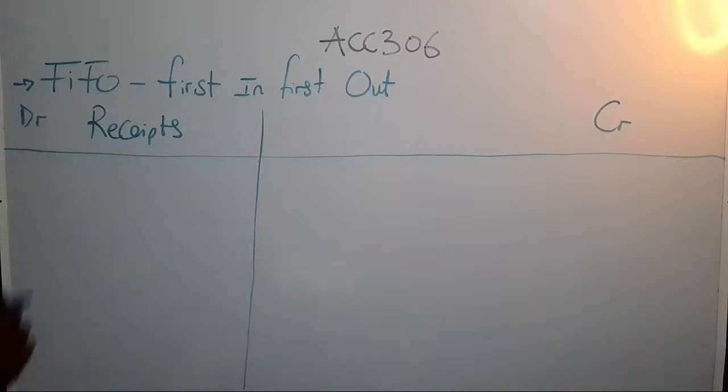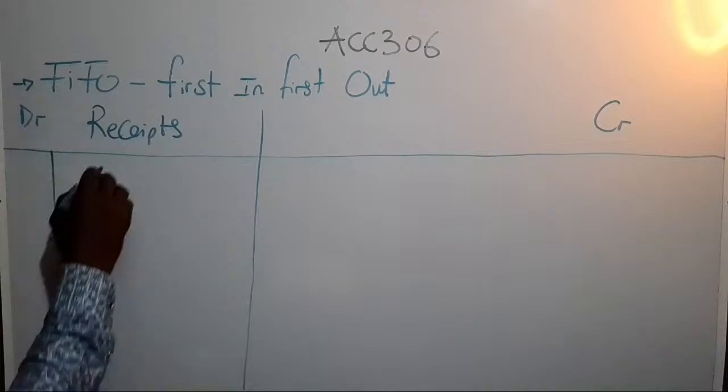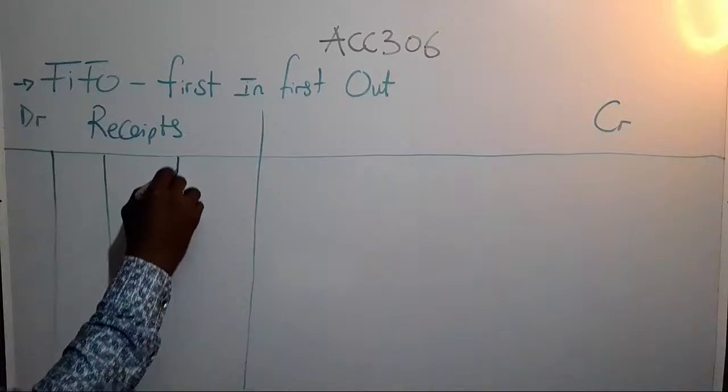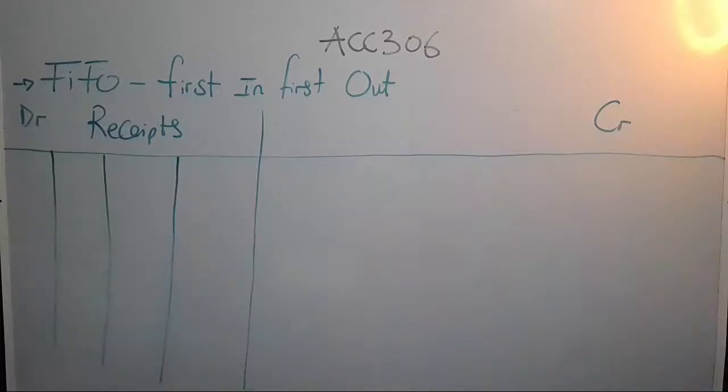First, we have the column for our date. Then we have the quantity. Then we have the price, and we have the amount.